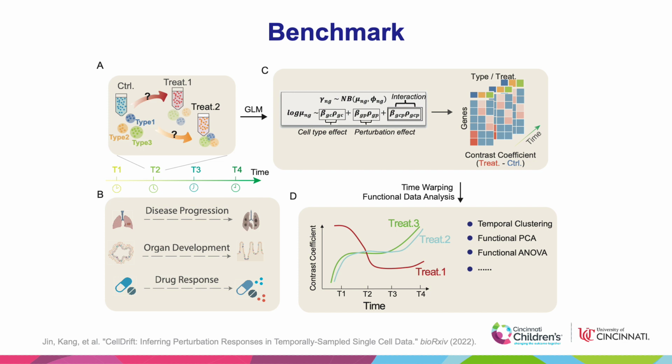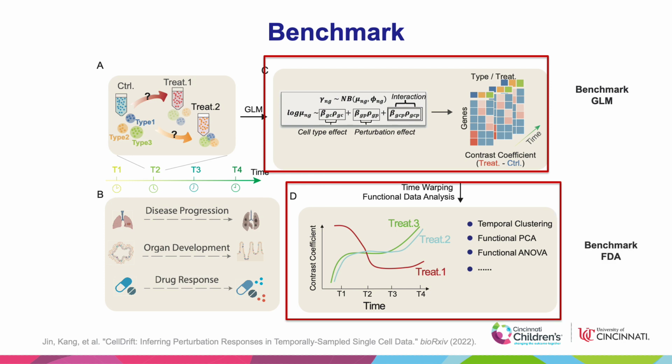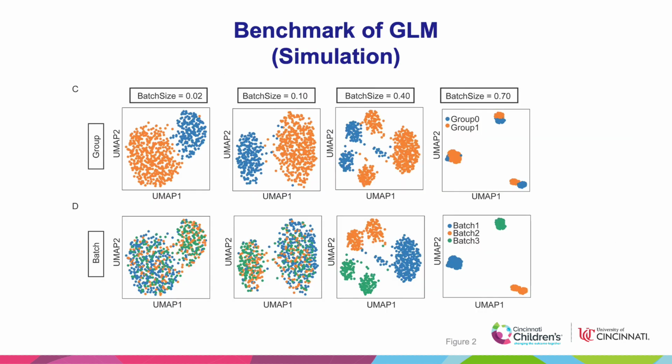With the established method, we evaluate the performance of CellDrift, and we benchmark CellDrift in two parts. One is the benchmark of the generalized linear model, and the other is the benchmark of functional data analysis. To mimic real data, we generated simulated data using Splatter with different degrees of perturbation responses and batch effects.